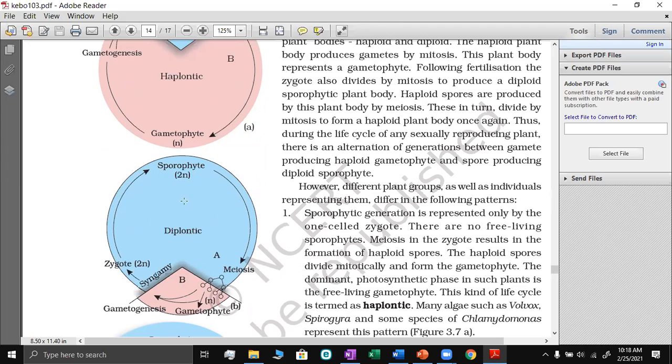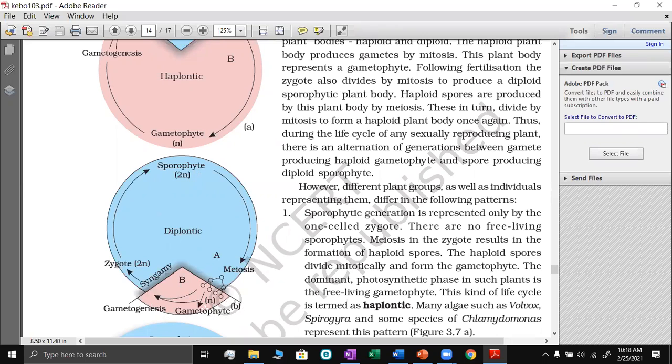The diplontic life cycle: here the diploid phase is dominant. The plant body is a sporophyte, and it is the prominent structure in the life cycle. This sporophyte produces gametes by meiosis. The gametes are only haploid structures, and the gamete-producing structures and the gametes are dependent on the sporophyte.